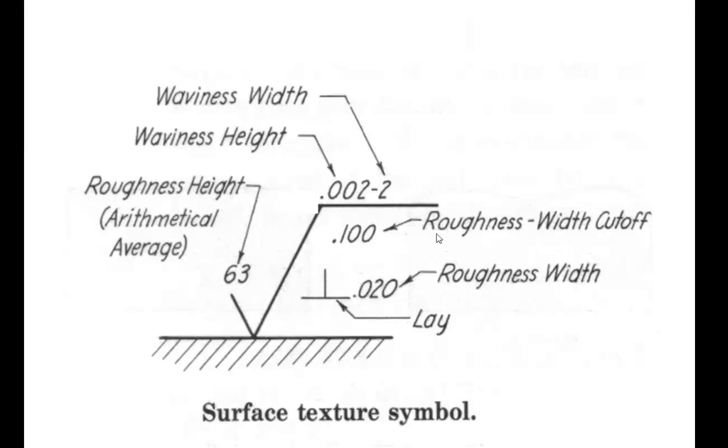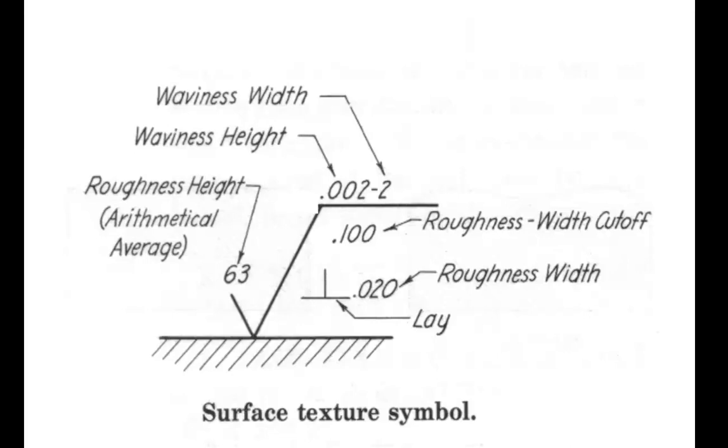Roughness width cutoff value goes just under the shoulder, the horizontal tail of the surface finishing symbol. Above the shoulder, if necessary, write the waviness height and waviness width, and this part in the vicinity of the symbol is used to show the lay direction symbol.